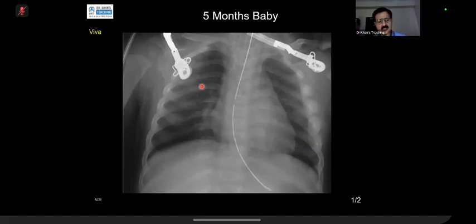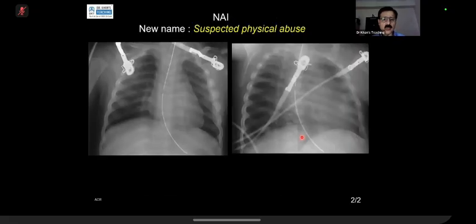On the other hand, in this case, as you correctly pointed out, on the right side there is expansion, but immediately you picked up that there are fractures here. Please remember, when you do a skeletal survey for a suspected NAI case, you do obliques also. Obliques is a better view to pick up fractures, and these fractures are confirmed there.